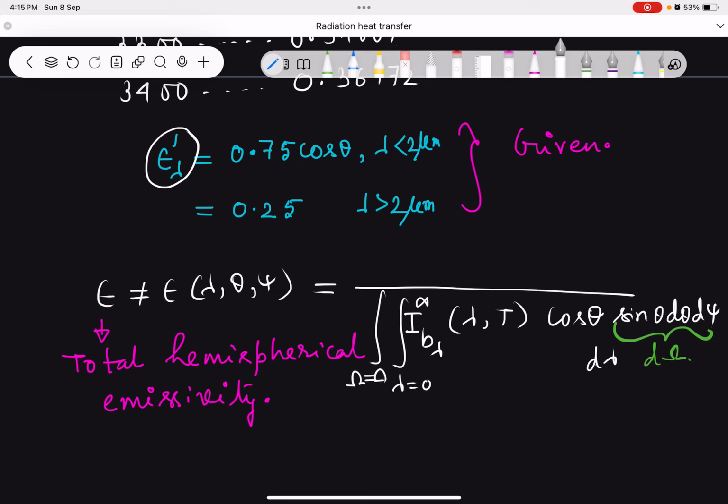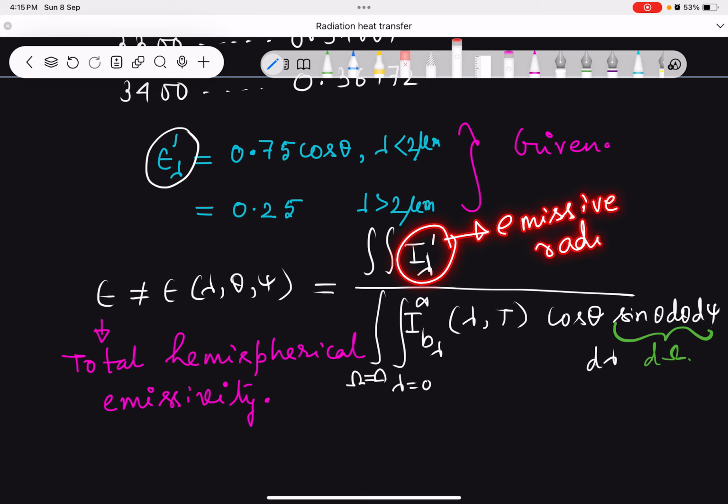Okay, and for the above, here will be I lambda dash. So this is actually what? This is the emissive radiation intensity.